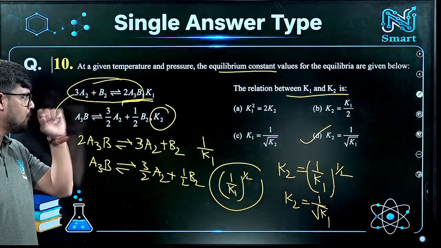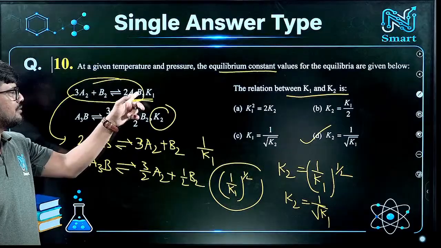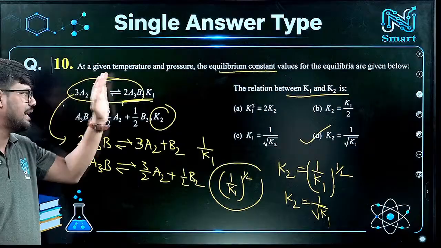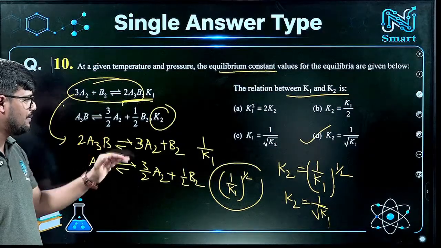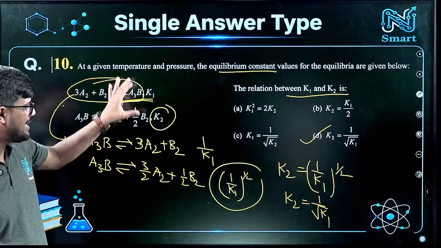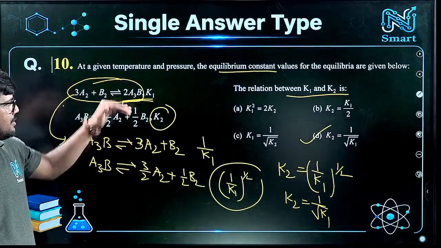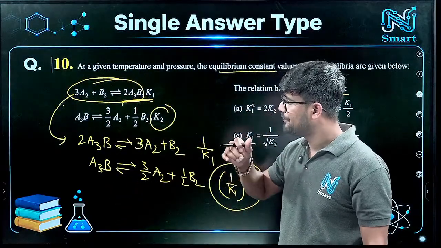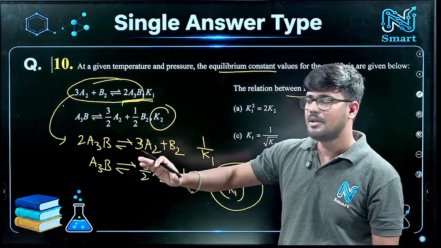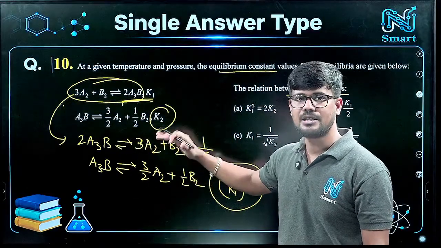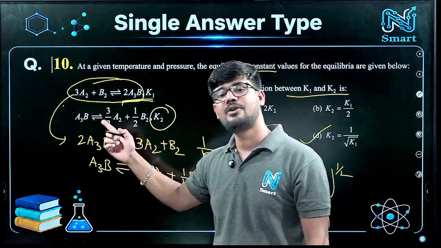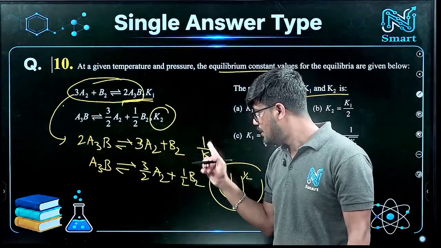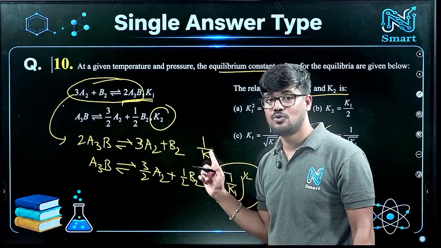So what you need to do, sometimes just get the same A3B on one side, meaning product or reactant must be on the same side in both equations. That is the starting point, and then try to make a similar pattern from one of the given equations. Means just do like this, reactant को एक साइड में लाना है, प्रोडक्ट को एक साइड में लाना है, उसके बाद कंपेयर करना है नंबर ऑफ मॉलिक्यूल्स को. उसके लिए you can divide, you can multiply, whatever you can do, and always remember whatever you are doing there, that equilibrium constant, there also you have to do that thing.